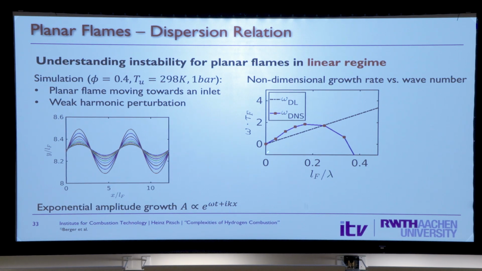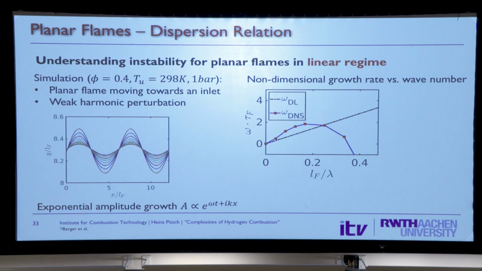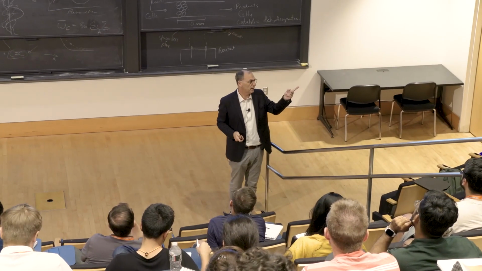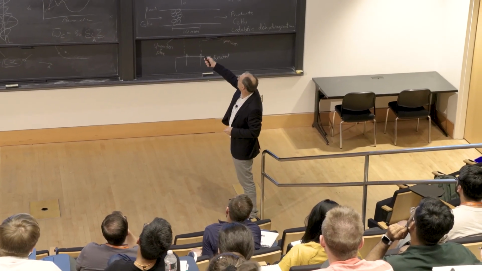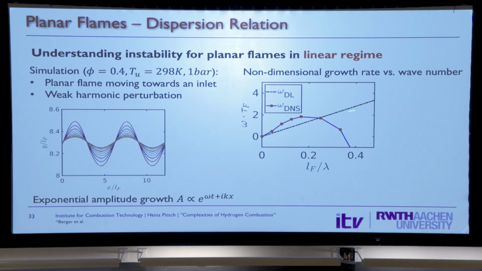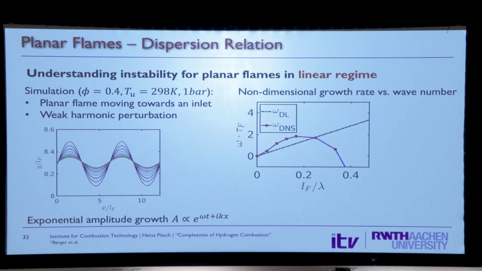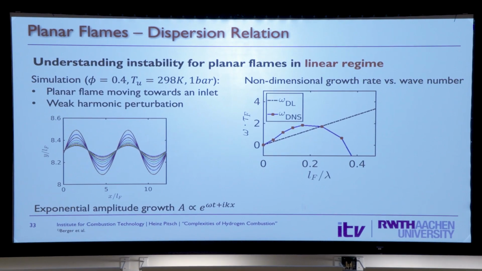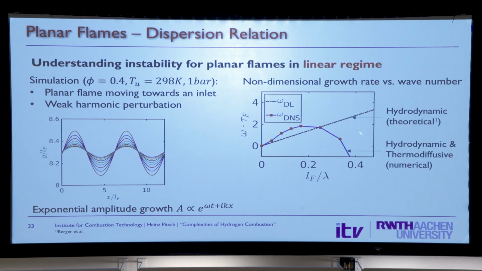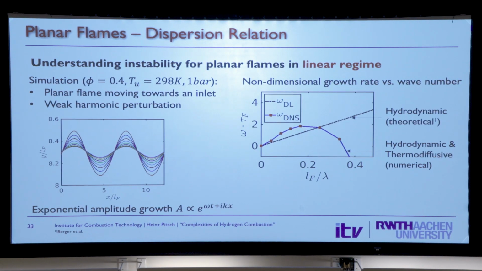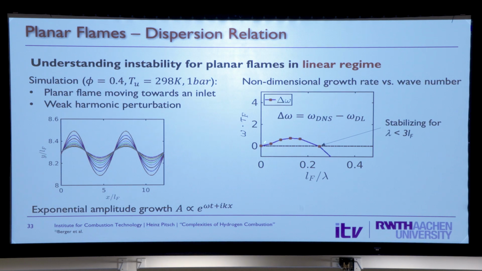And then we said earlier, this growth rate is actually the combination of the hydrodynamic instability, which is always there, and the thermodiffusive, but we said the hydrodynamic instability is just proportional to the wave number. And because we're in the linear regime, these two should superpose, right? And so we can just subtract this growth rate from the total growth rate, and that gives us then the growth rate only of the thermodiffusive instability.